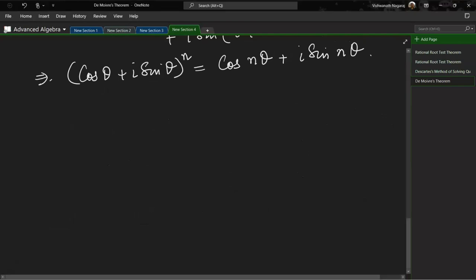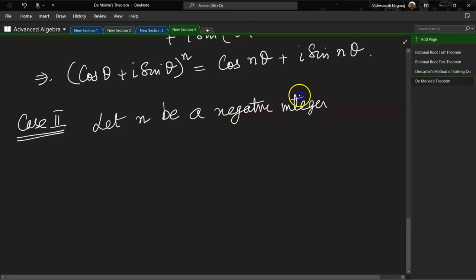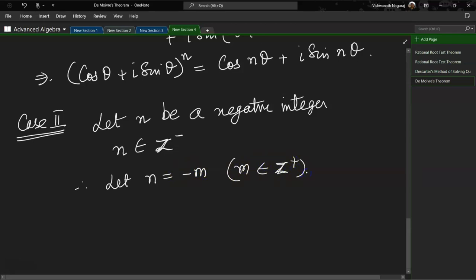Now case 2. Here in this case, let n be a negative integer, or n belongs to minus Z plus. So let n be equal to minus m, and m belongs to Z plus, because if m is a negative number, then minus of minus will become plus.